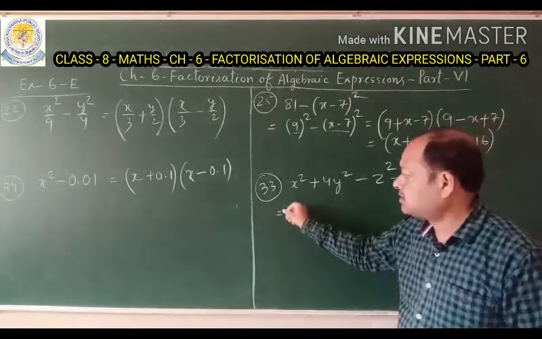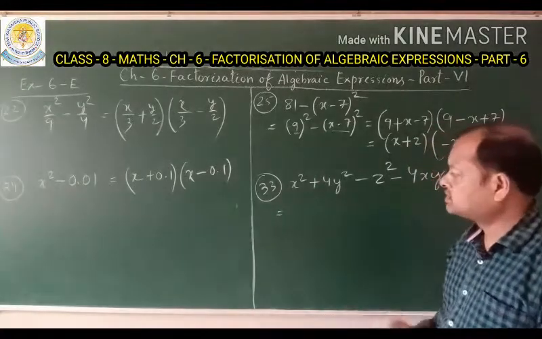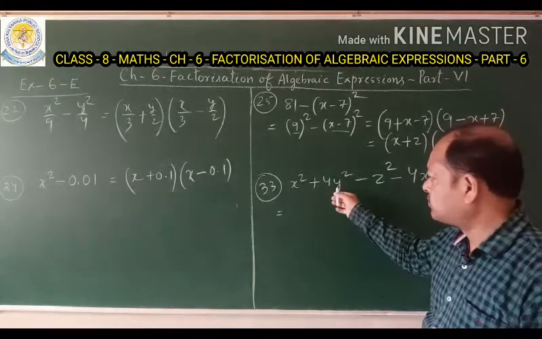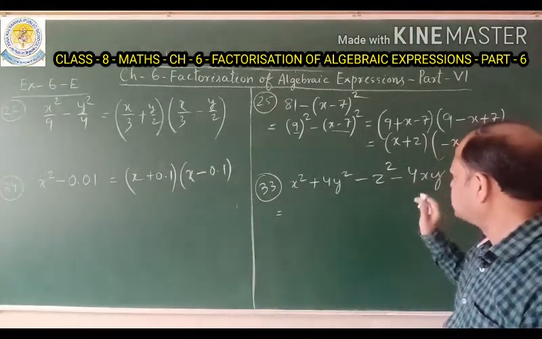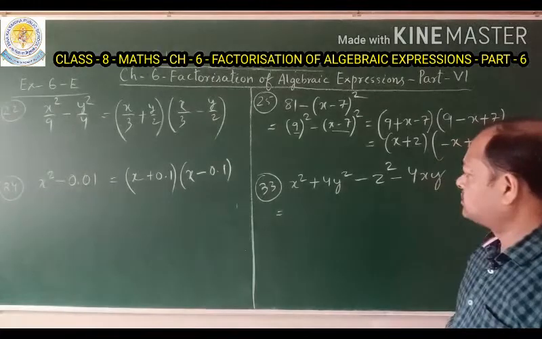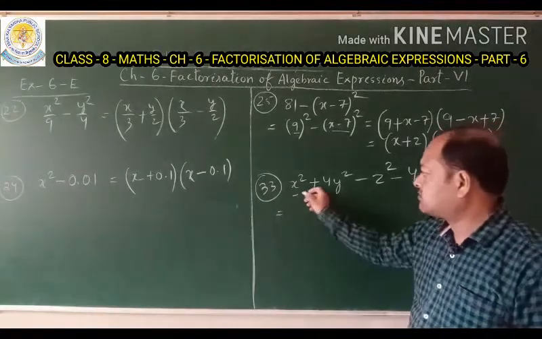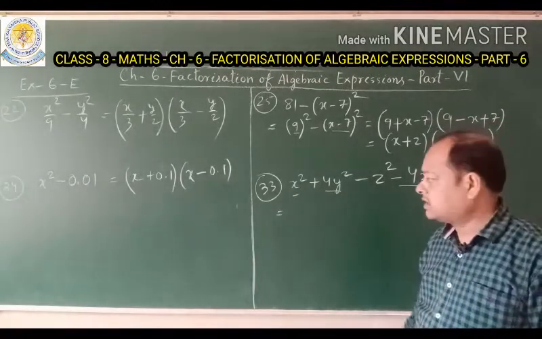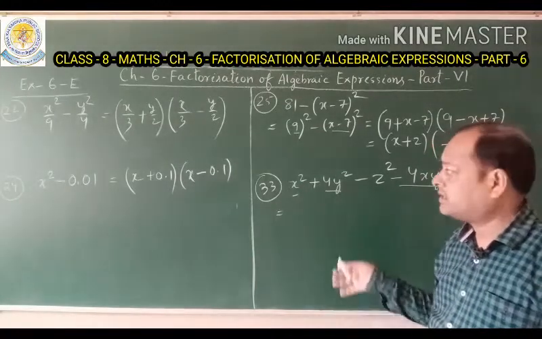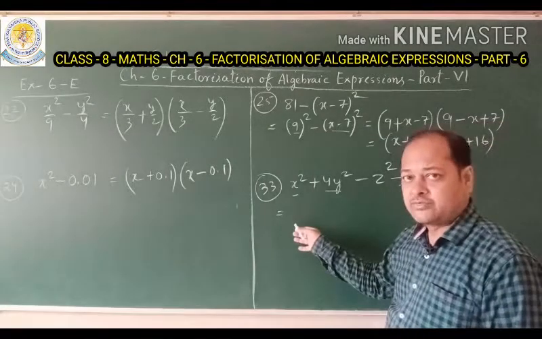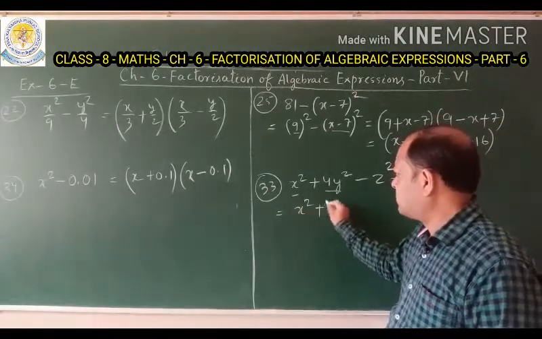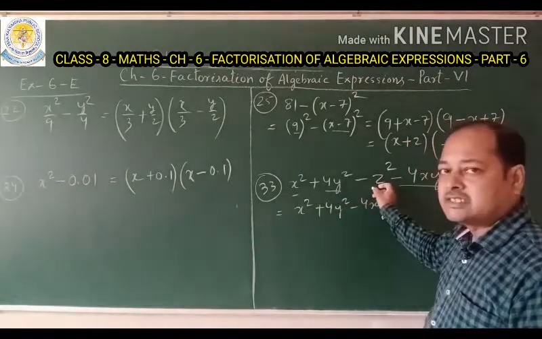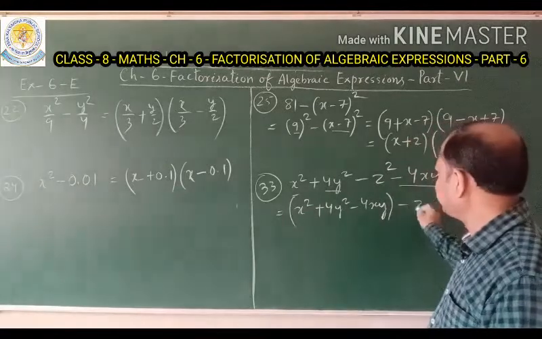Now look at question number 33. Question number 33 says find out the factors of x square plus 4y square minus z square minus 4xy. Here we see that x square, 4y square and minus 4xy are related. If you arrange them in a group, we can make the factors very easily. So arrange in a group first: x square plus 4y square minus 4xy, and minus z square, write it separately.